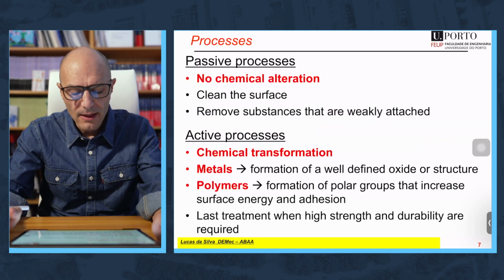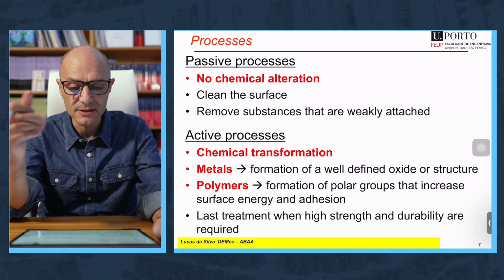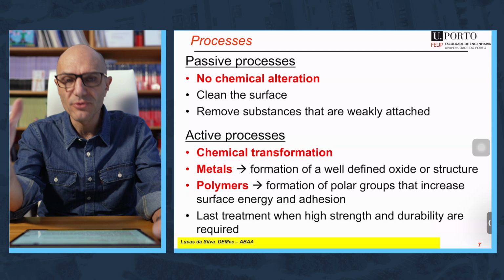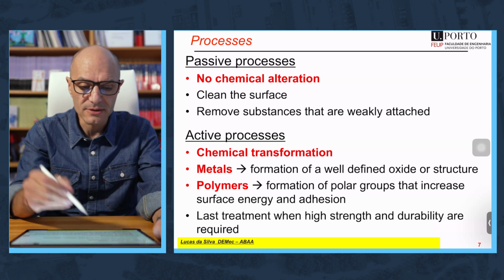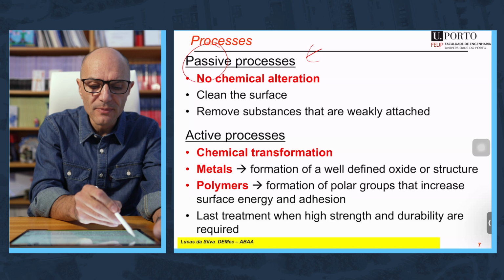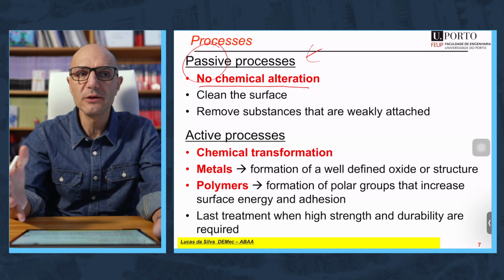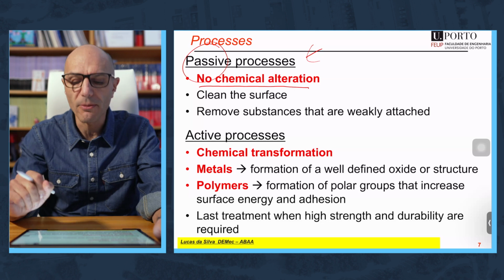Then you can classify the treatments or the processes in passive treatments and active treatments. Here, like the name explains, you don't have any chemical change at the surface of the substrate. So basically, you just clean or you change the topography.